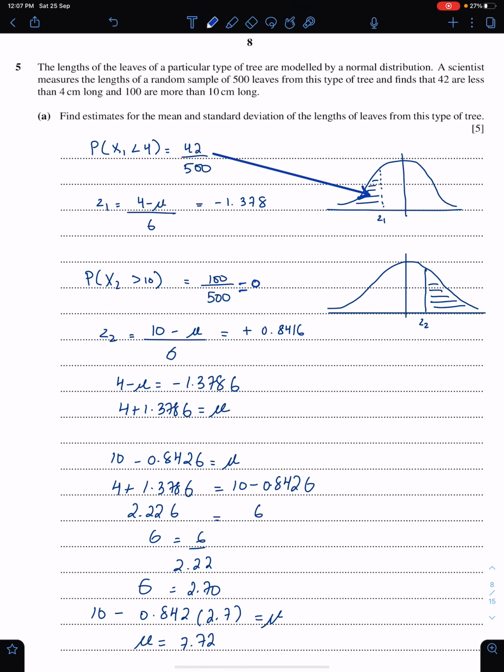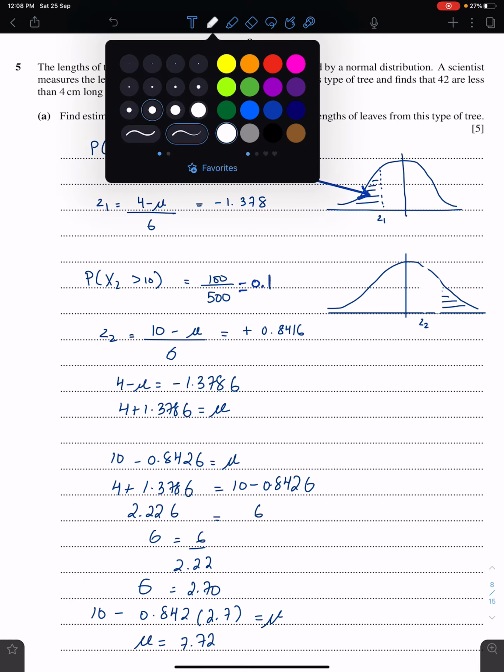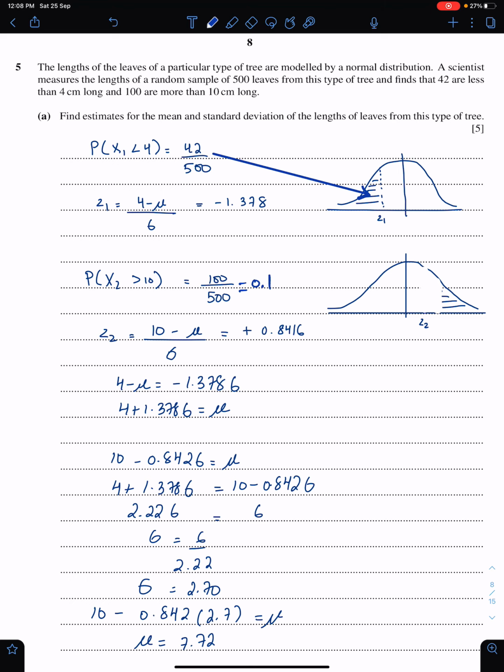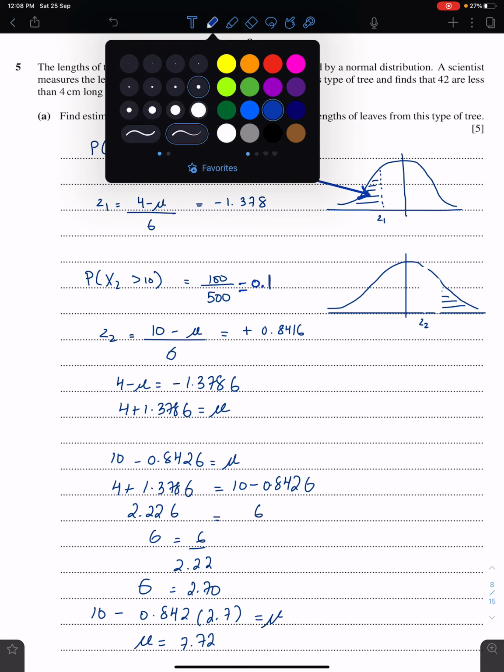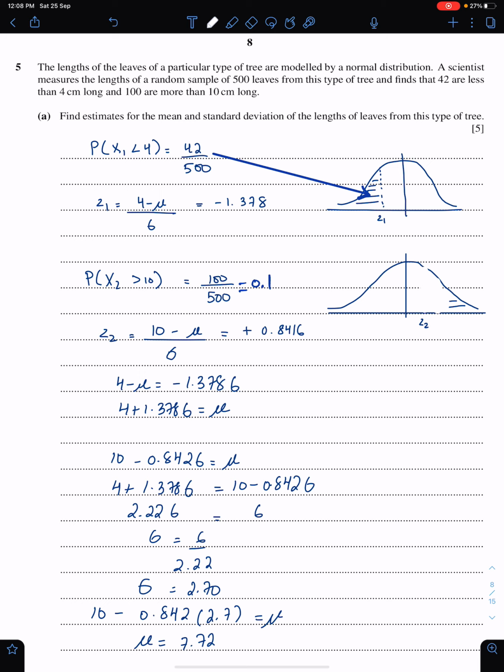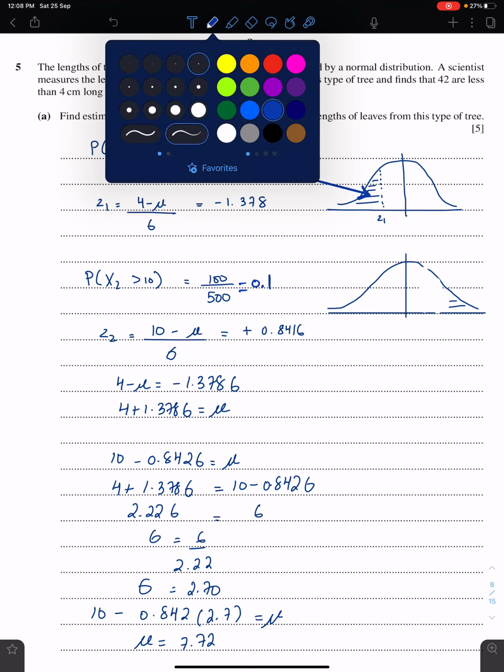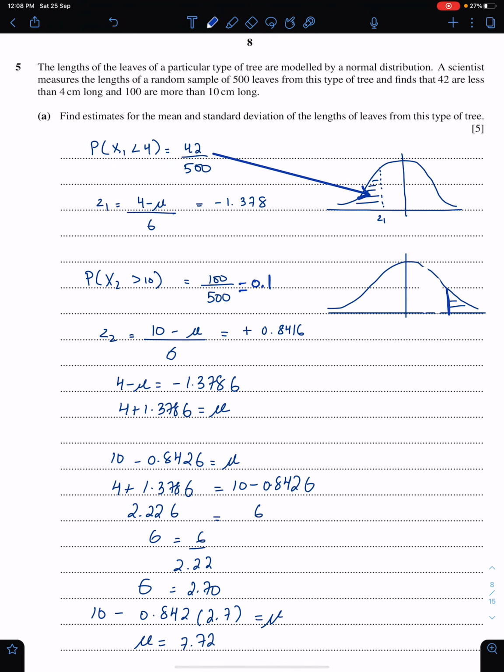This probability is, I guess, 0.1. Let me correct this. 0.1 is a very small probability, so it should be here. This is Z2, and this probability is 0.1 approximately.